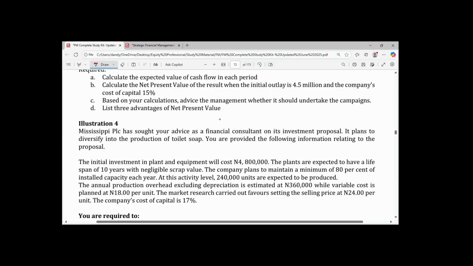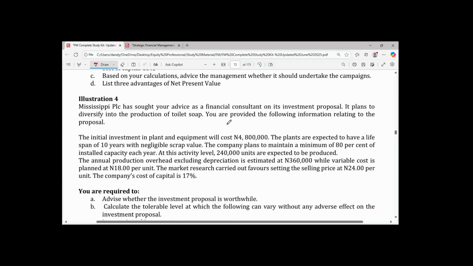All right. So that's basically what we did last time under sensitivity analysis. So today we are going to have illustration on that. We are going to have illustration to demonstrate all what we said under sensitivity analysis.